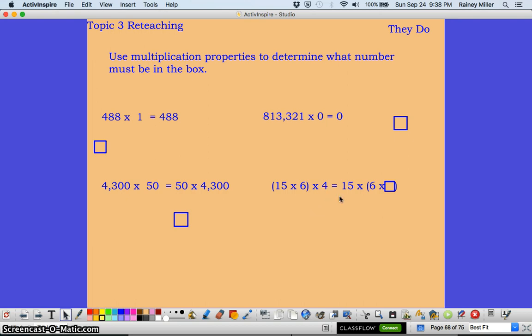Now, what if I take the second part of the problem first, which would be 6 times 4, and then multiply it by 15? I would get the exact same answer. So the 6 can either associate with the 15 or the 6 can associate with the 4. So that's the associative property.